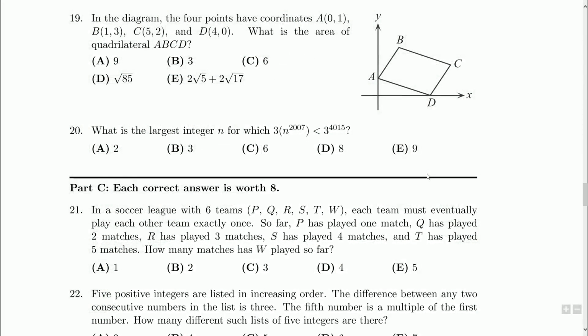20. What is the largest integer n for which 3 times n to the 2007, you can really tell what year the contest was here, is less than, not less than or equal. In fact, I should probably erase that so I don't get confused later. Less than 3 to the 4015.